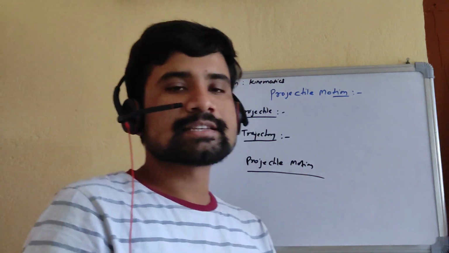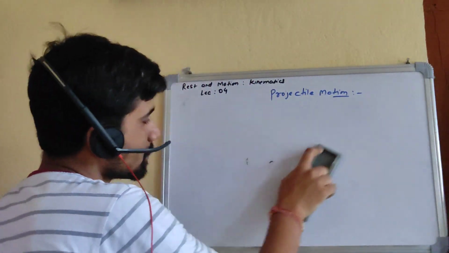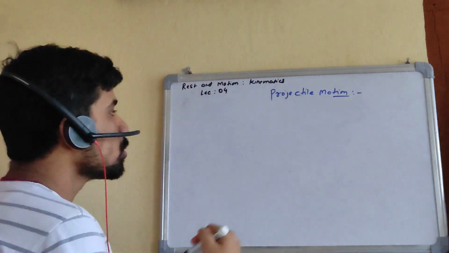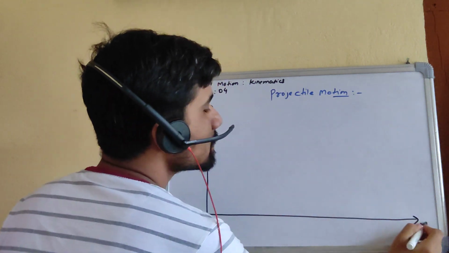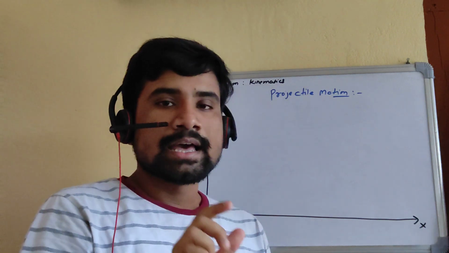Now let's understand some terminologies for projectile motion by drawing a diagram. Since this is a motion in a plane, we will need two axes to represent it. Let's say this is the y-axis and this is the x-axis.